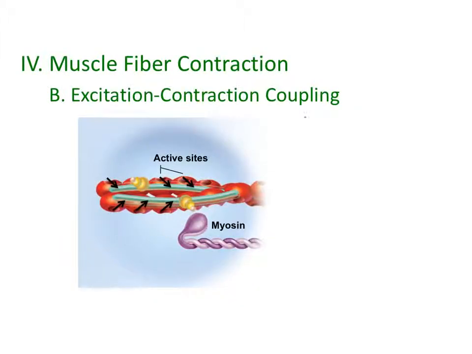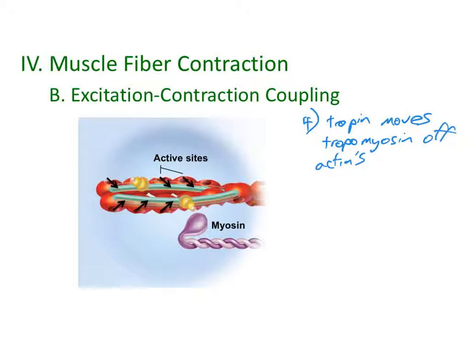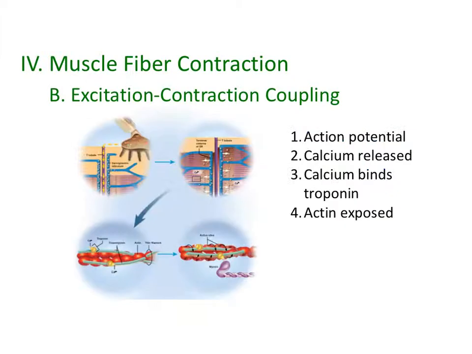Step 4, troponin moves tropomyosin off actin's myosin binding site. So then actin and myosin can interact.